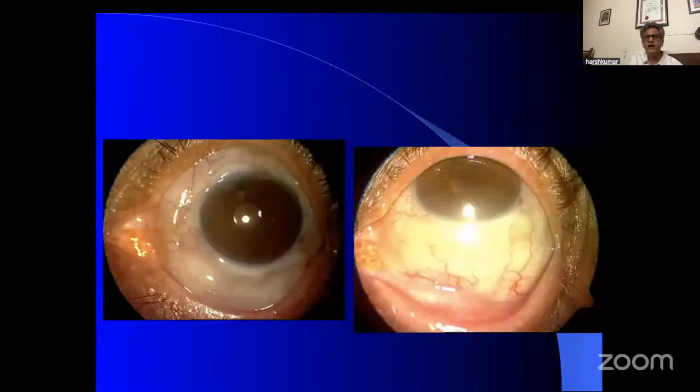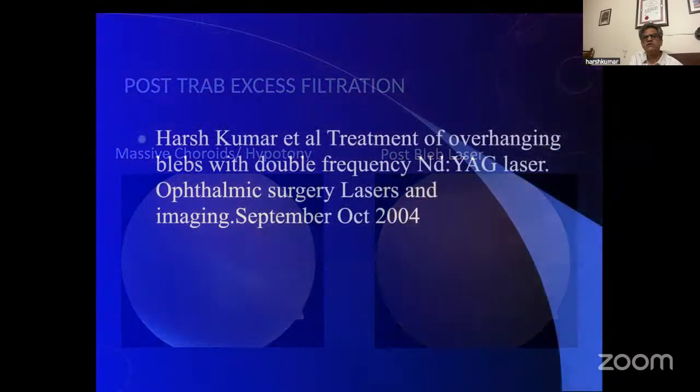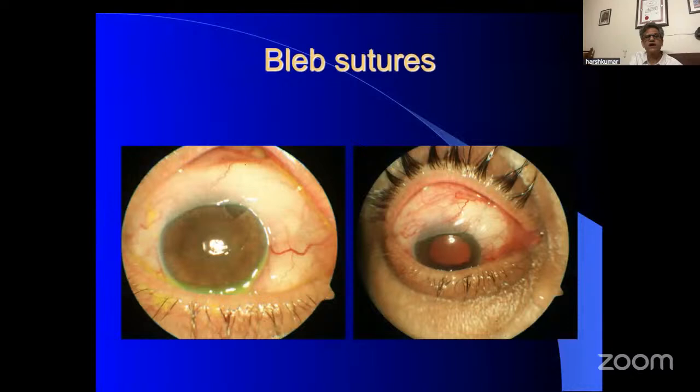We put a couple of spots on both sides to char it out and prevent the fluid from going below further. The entire fluid was then absorbed and the choroids were all healed. So this again was published a long time back.